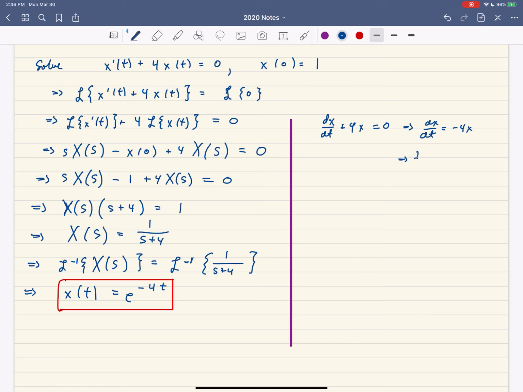That means that 1 over x dx is negative 4 dt. Integrate both sides. Natural log of x is negative 4t plus c, which means that x is c e to the negative 4t, and then you can get c equals 1 by using the fact that x of 0 is 1. This is a much faster way to solve the problem.